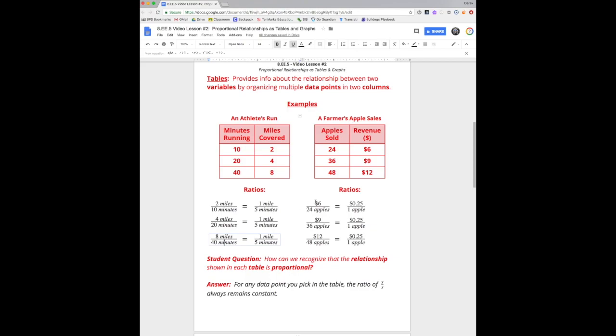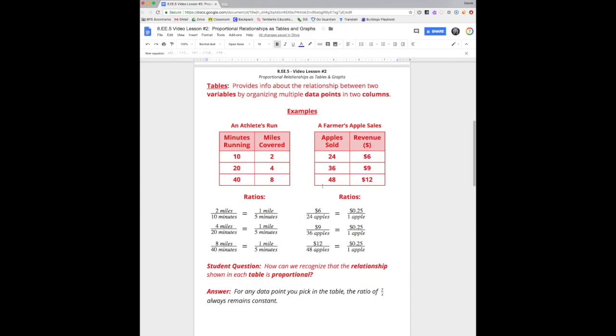Similarly, $6 for 24 apples or $9 for 36 apples would always work out to be 25 cents for every 1 apple. Because the ratio remains constant for any row we select, we know that these relationships are proportional.